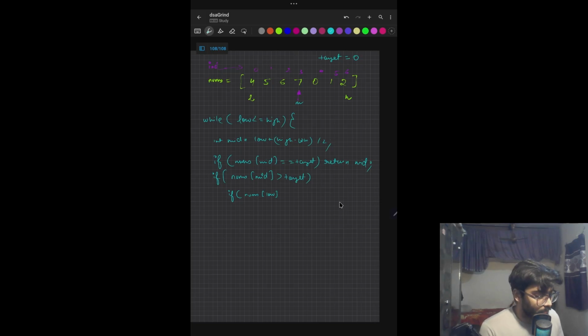It's a sorted rotated array, so there will be a part which will be sorted every time. So we have to check that. If nums at the position low is less than or equal to nums at mid, then the left part is sorted.